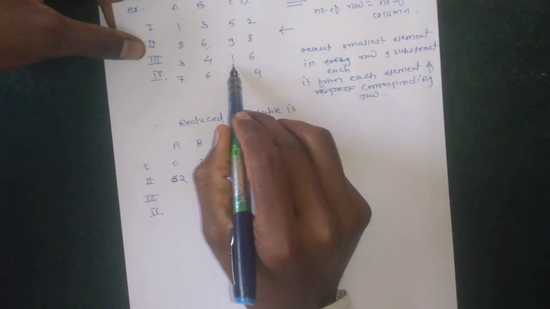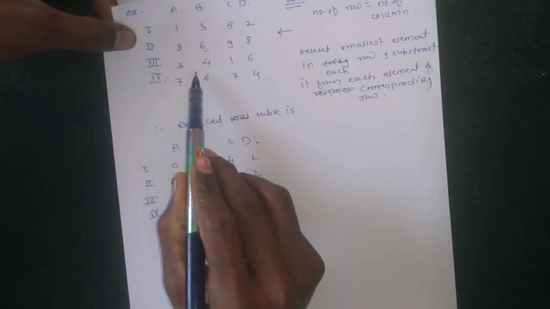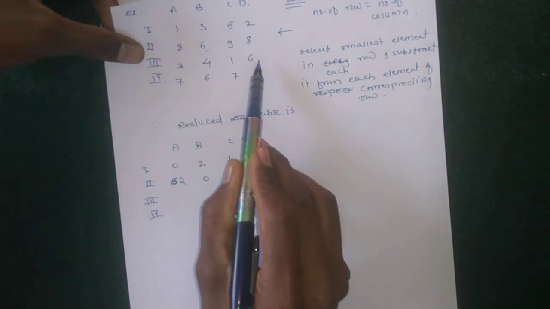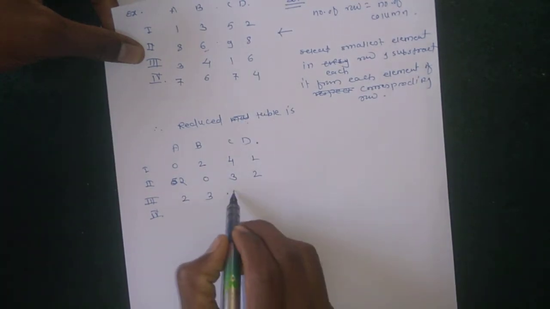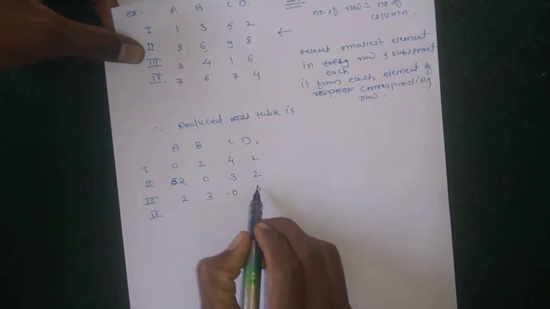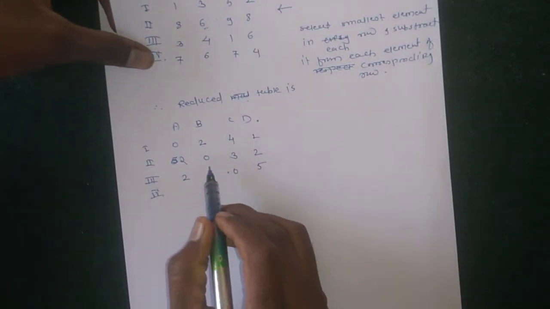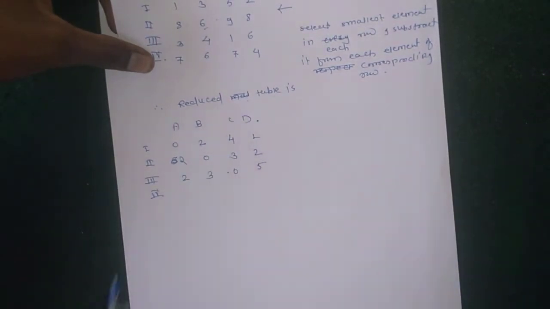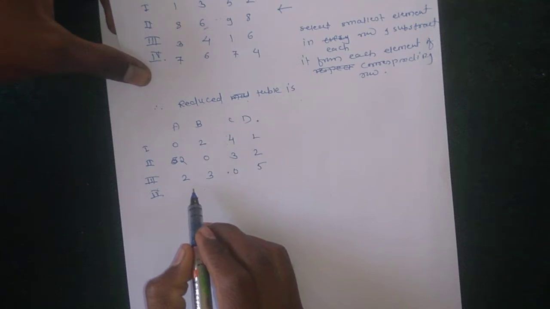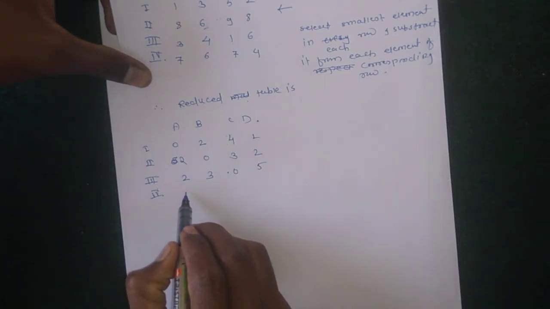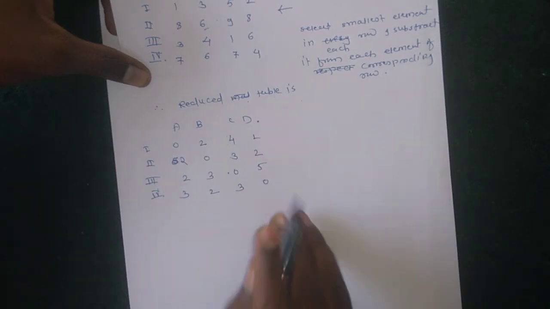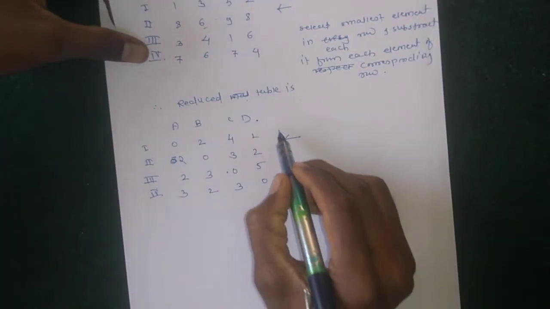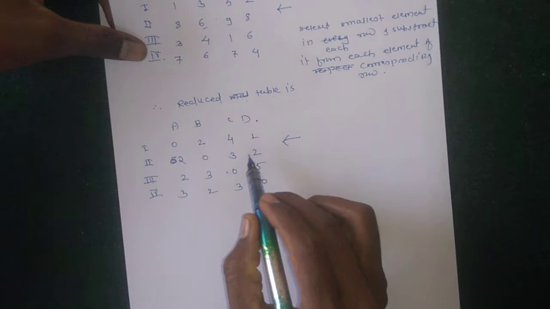Third row, subtract 1: 2, 3, 0, 5. Fourth row, subtract 4: 3, 2, 3, 0. Okay, this is our reduced matrix.